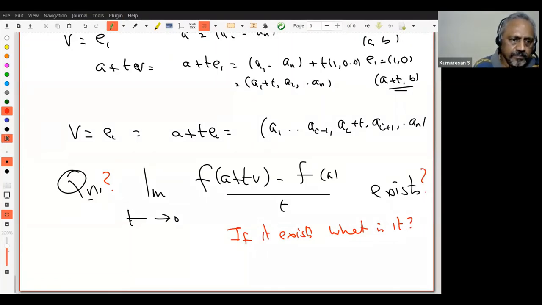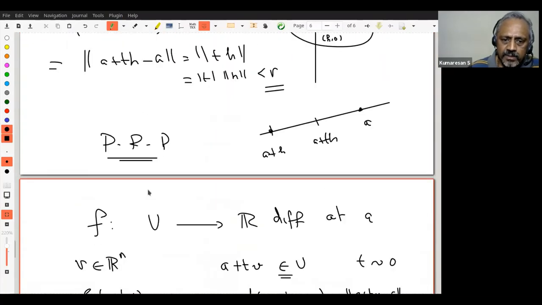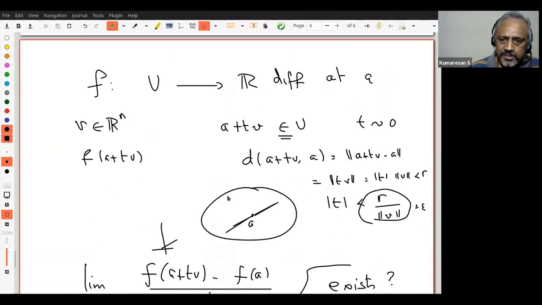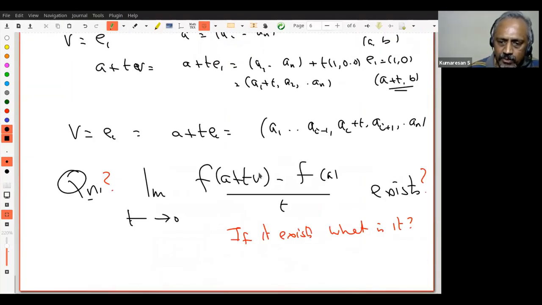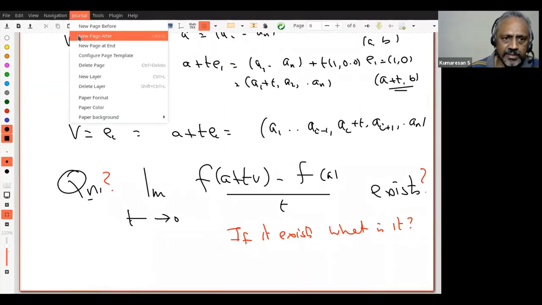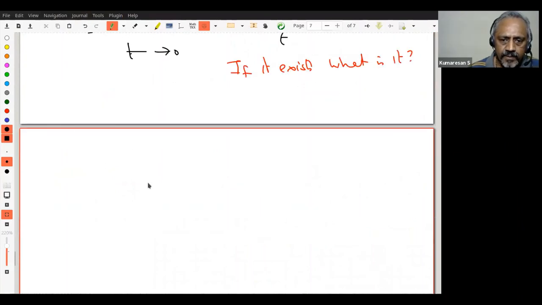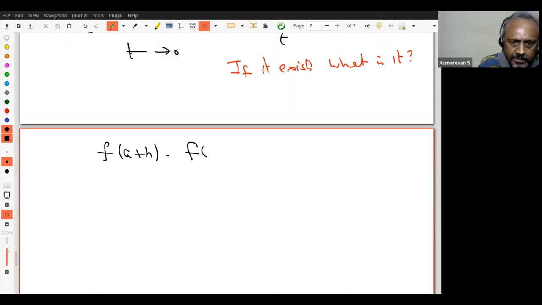Right? So, the only thing I know is that something similar to a derivative exists, right? Because f is differentiable at a, therefore what will I do? I will try to make use of that. Since f is differentiable, what I know is that for f of a plus h minus f of a, there is a linear map, right?